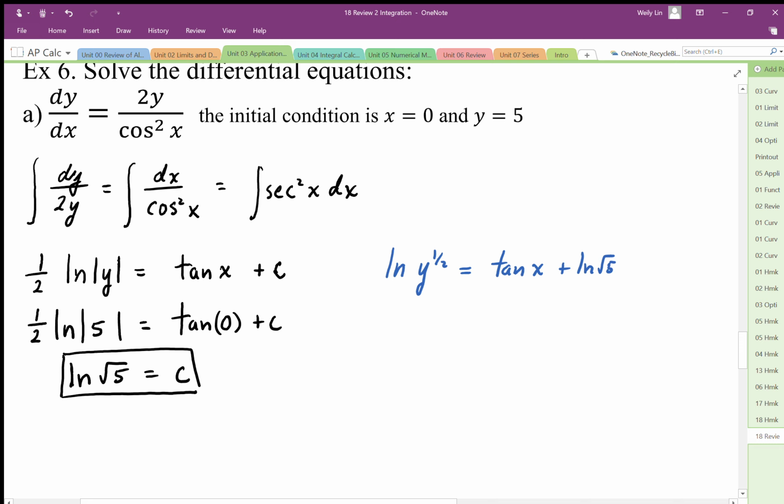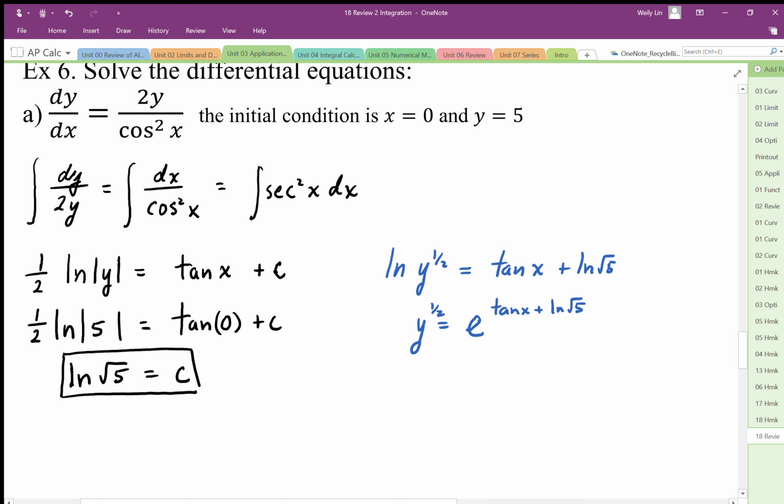So that's my first step. I'm going to then solve for y. So y to the 1/2 equals e to the power tan x plus log root 5.